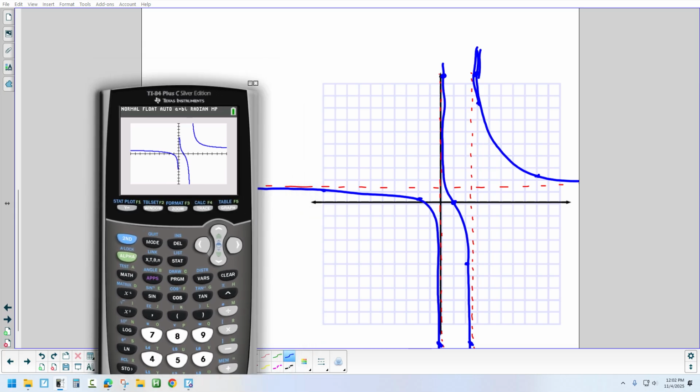This on the calculator is not what it should look like. It should look like what we do. Any questions on that one? Once you get your asymptotes, it's really just using the calculator to get a whole table of points.